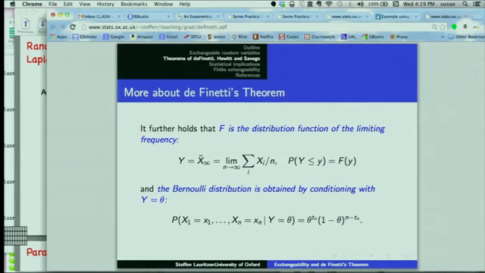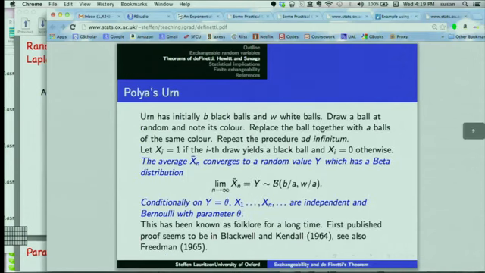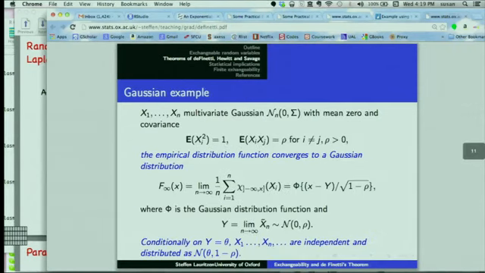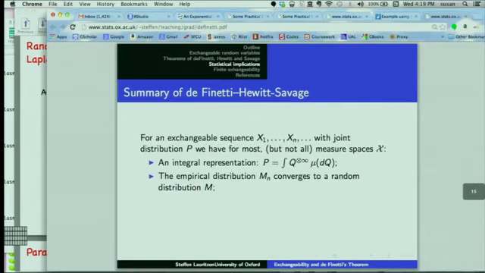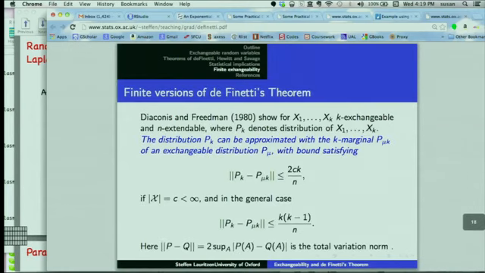So here this is the case of Polya's urn and how it was studied. There's a Gaussian example. There are other, I'm going to tell you.